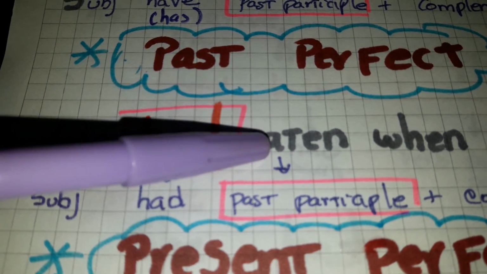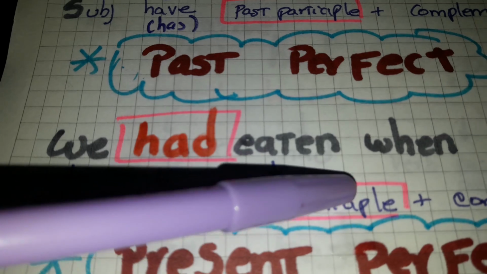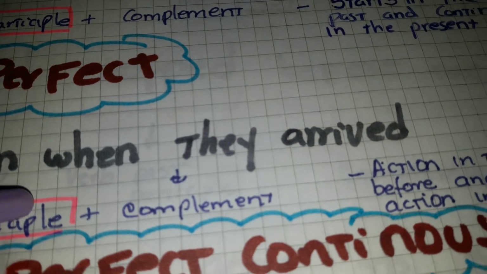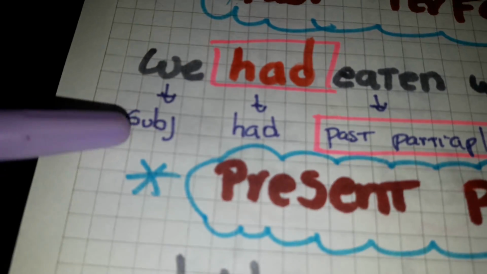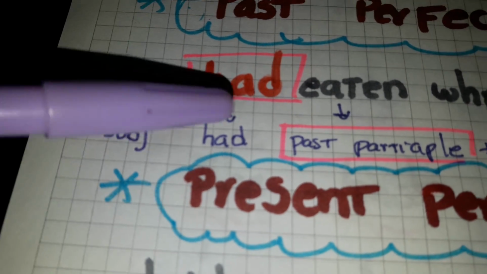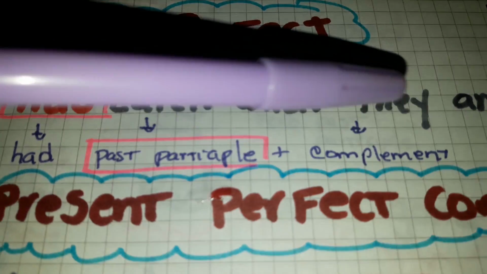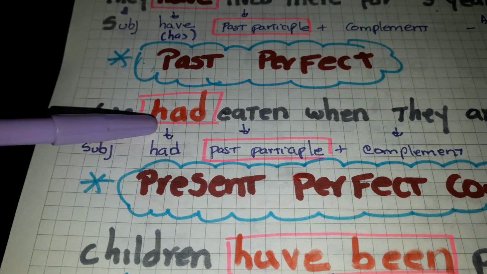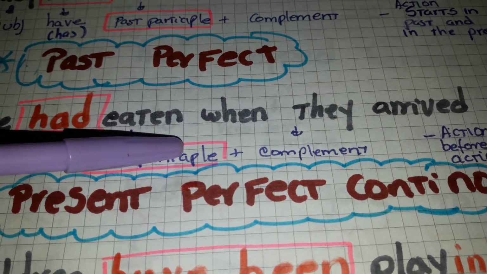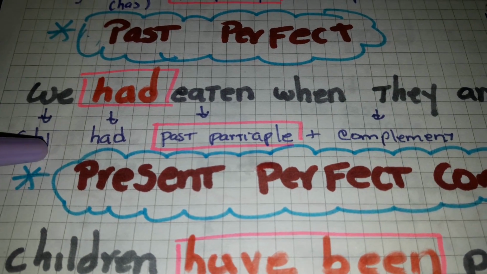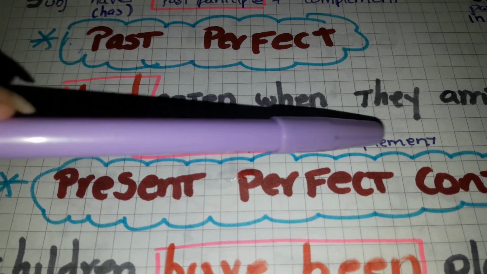This is the form of to eat in past participle, eaten. When they arrived. Okay, this is the complement. According to this: subject, had, the verb in past participle, and the complement. Look at the example. We had eaten when they arrived. Okay? Subject, had, past participle, and complement.